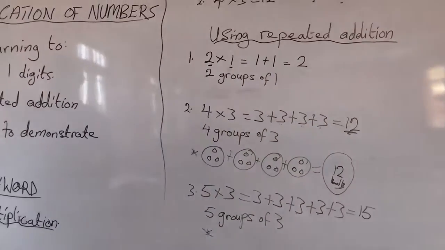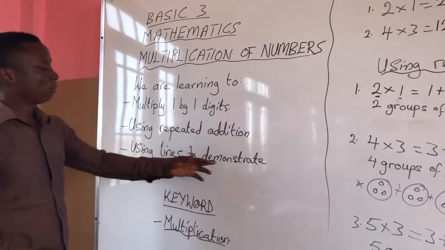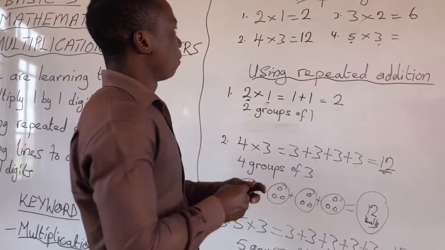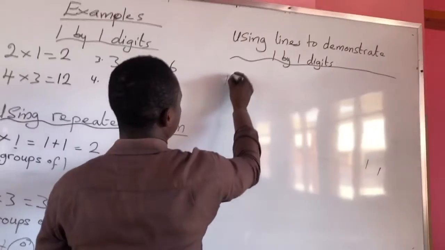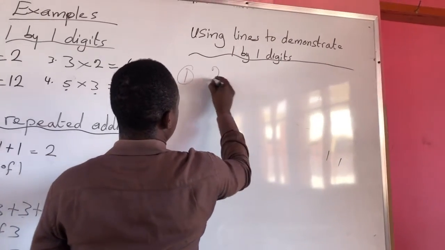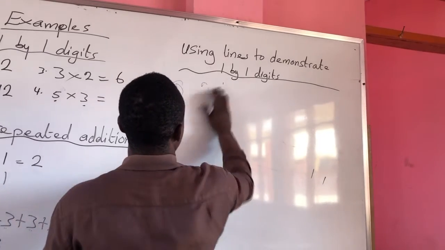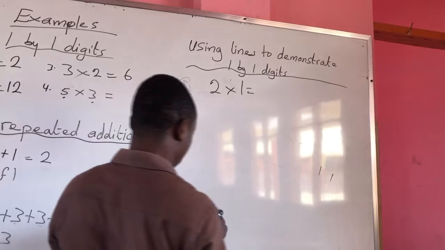Now, let's quickly look at our last objective for the day, using lines to demonstrate one by one. If you are given something in this form, the first one, 2 times 1 equals what?